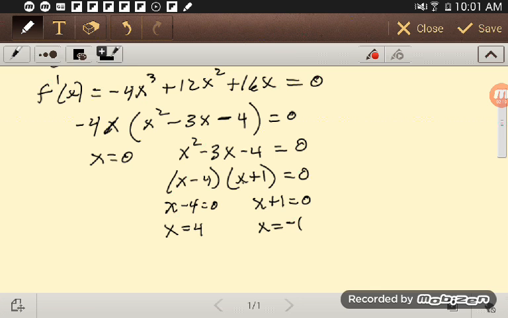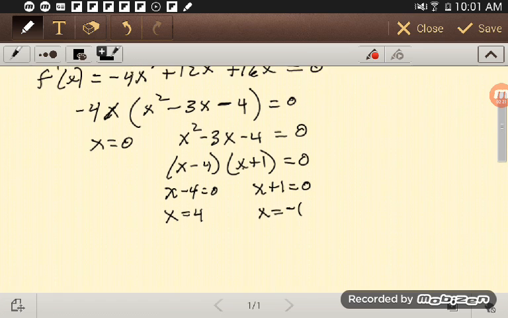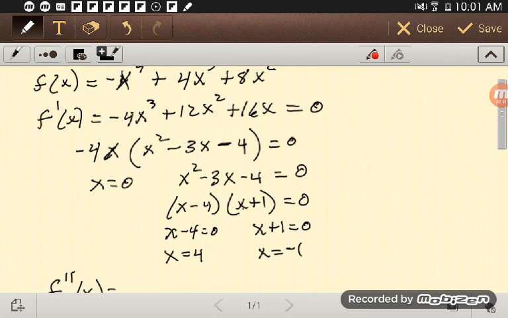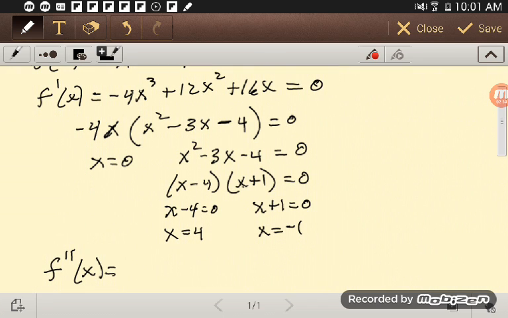Now what I want to do is determine what the concavity is at each of those numbers. So f double prime of x is equal to, I've got to go back here, minus 12x squared plus 24x plus 16.